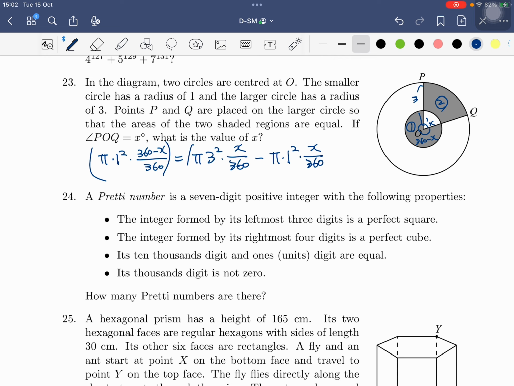Let's multiply them by 360 over pi on every term. So now we have 360 minus x equals 9x minus x. So x is 40.